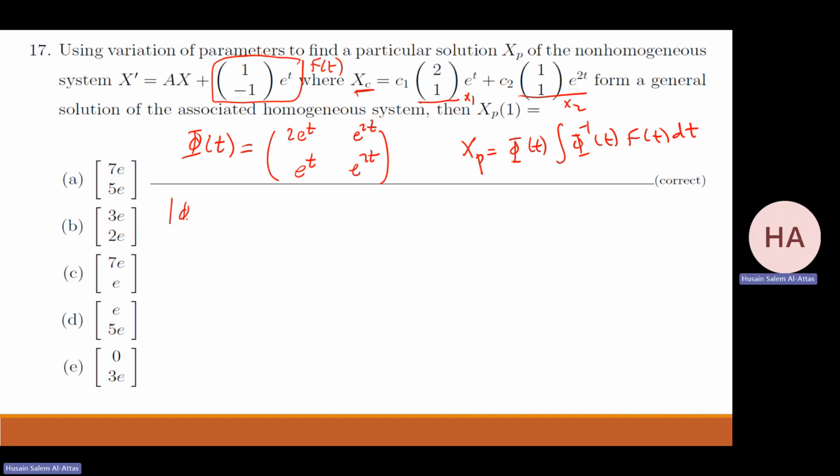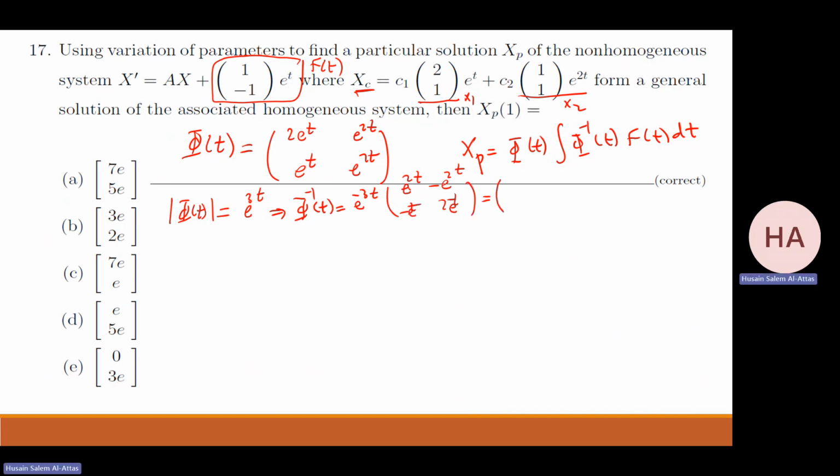I need to find the determinant of phi of t. And that is what? e3t. So it will be phi inverse of t. That will be e minus 3t. What about the determinant? Okay, I swap these and do minus here.